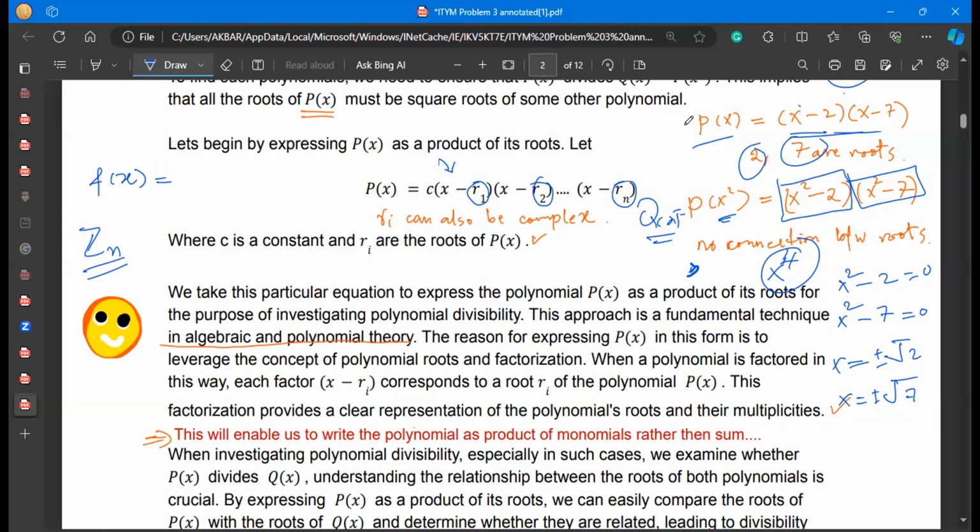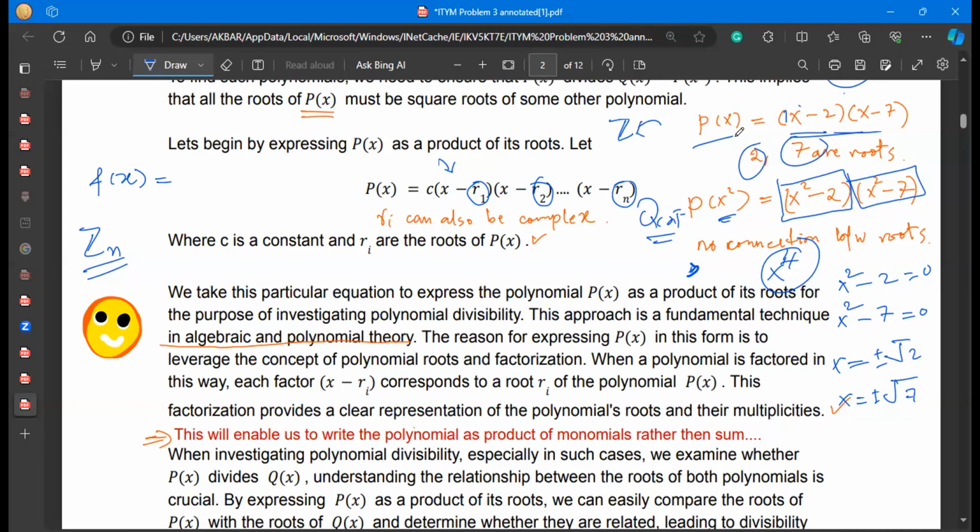Like in this case, if I consider this polynomial to be defined over integer coefficients, whenever I do the multiplication and expansion, I will get all the coefficients in Z. All the coefficients will be integers, right? Then I can say that this is a polynomial defined over integer coefficients.